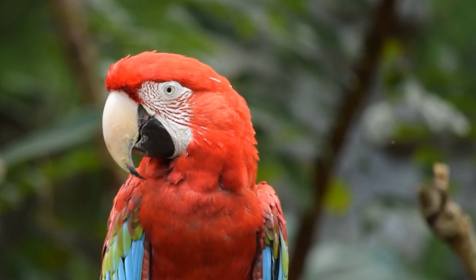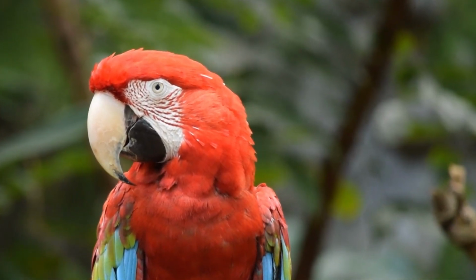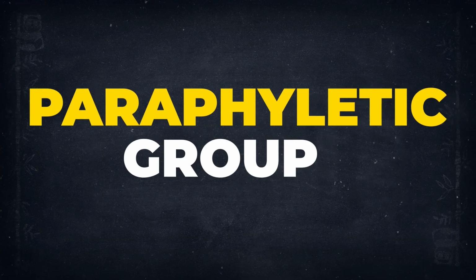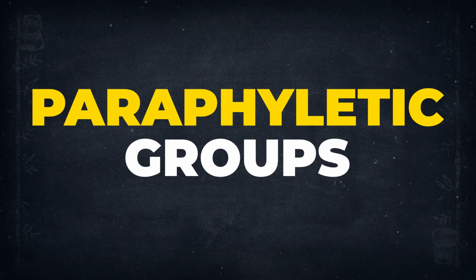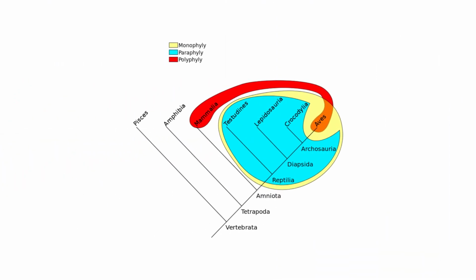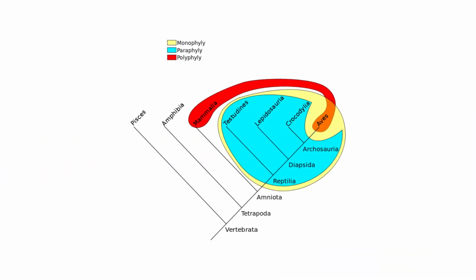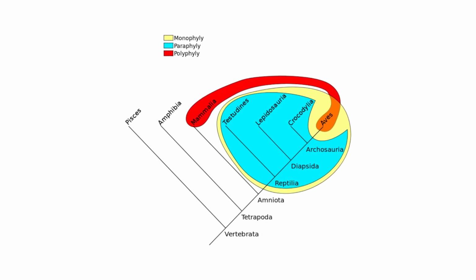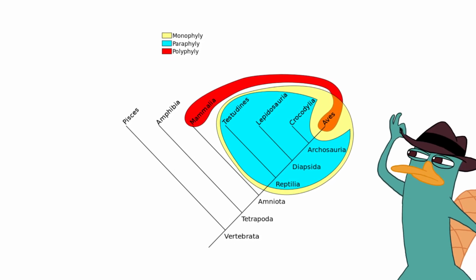Instead, through convergent evolution, they acquire the same characteristic due to environmental pressure. Other groups are paraphyletic, which are sets where the organisms have a common ancestor, but one or more of them come from a different evolutionary origin. It's like the whole group is almost monophyletic, just with a few outsiders.